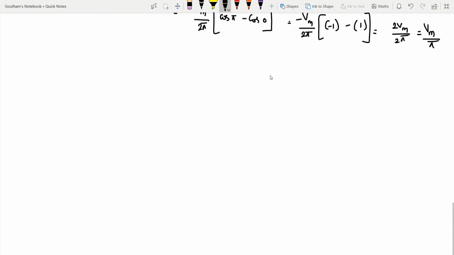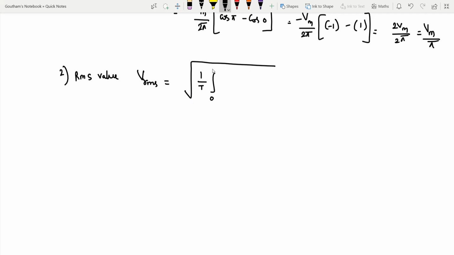The second important property is the RMS value. RMS value again has its definition. VRMS is nothing but under root 1 by T integral 0 to T V square of t dt.